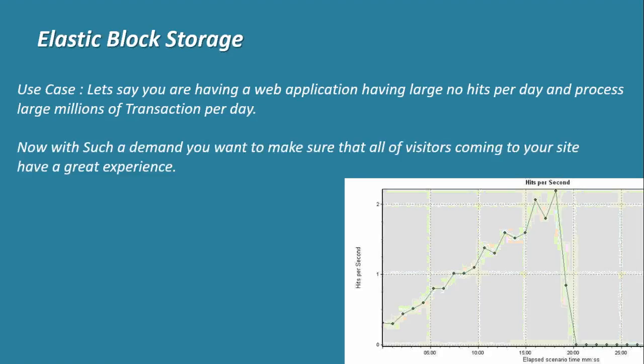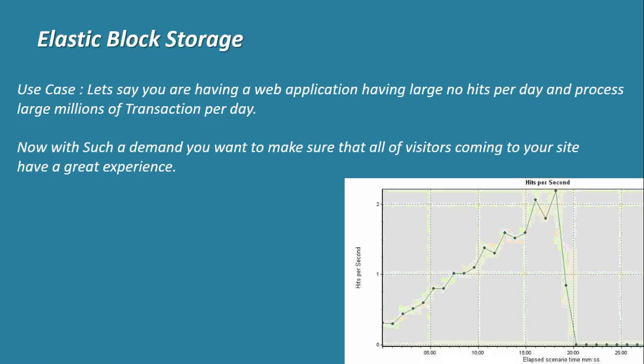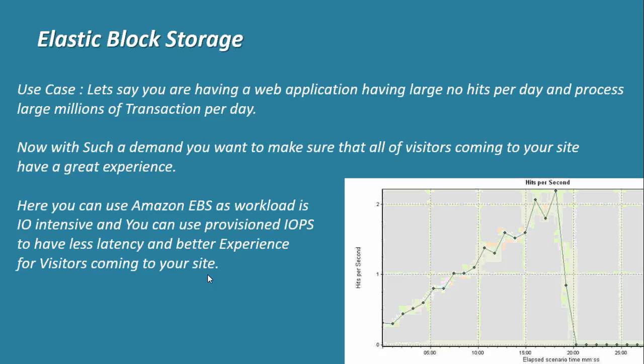To meet such a demand and provide a very good experience to the visitors coming to your site, you need elastic block storage, and you can use provisioned IOPS, wherein you specify how many IOPS you would require from a particular volume you have attached. Then you will be able to provide a pretty good experience to the visitors with very low latency, and they're definitely going to come to your site again to do shopping or business.